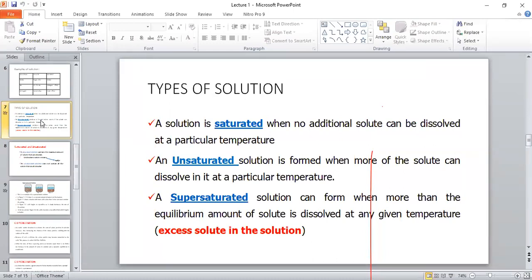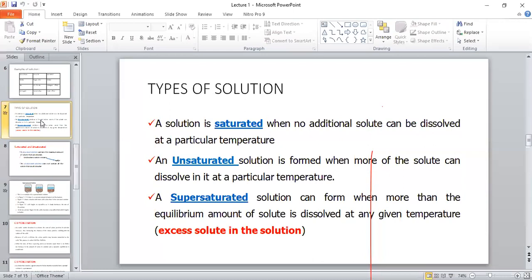And the supersaturated solution can form when more than the equilibrium amount of solute is dissolved at any given temperature. In this case, it means you have excess solute in the solution. That means you have added solute until the solvent is saturated.